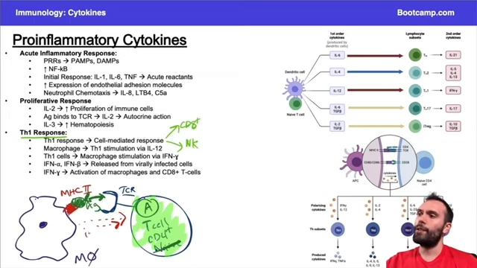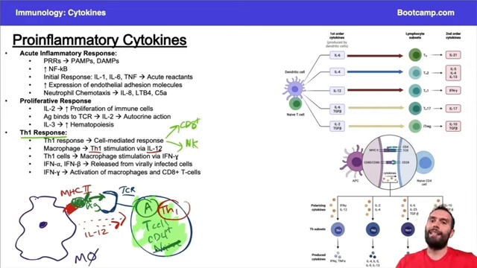In particular, it's going to release interleukin 12, and that's what you can see here. Once this macrophage presents the antigen to this T cell, it's going to release interleukin 12, and that interleukin 12 is going to help stimulate this T cell to become a T helper 1 cell, which is going to take us into this T helper 1 response.